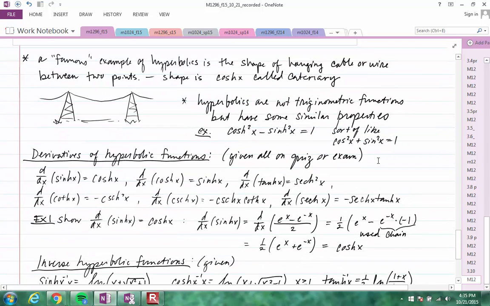Alright, so why are we studying these? A famous example, and you'll see this on the homework too, is something called a catenary, and that's basically the graph y equals cosh, or hyperbolic cosine, with some translation and scaling functions applied to it.